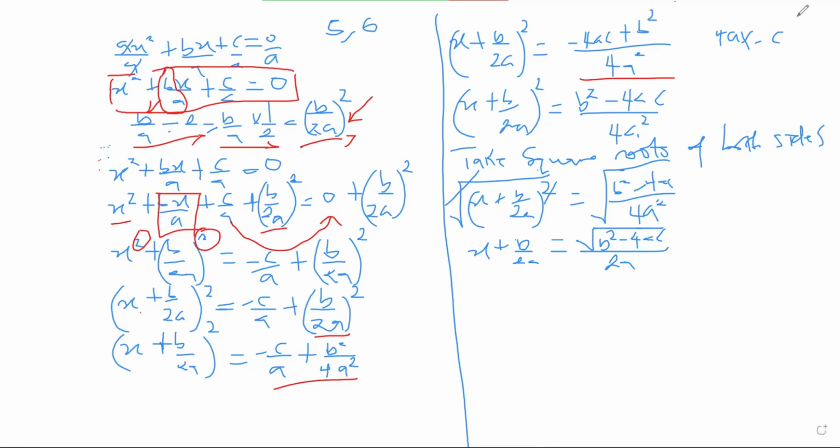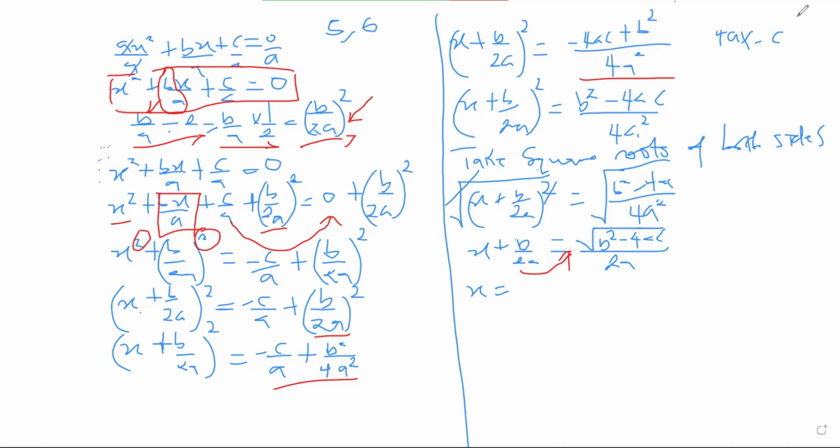So what do we do next? We are going to bring this to the right hand side by collecting like terms or moving it. So if we move it, this is going to come right here, so that we can now have our equation to look like x equals, don't forget, b over 2a is carrying the addition sign here.